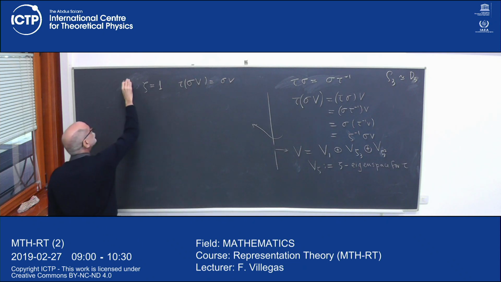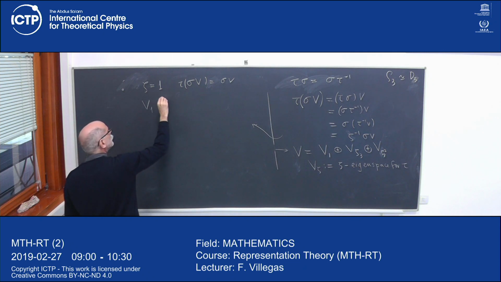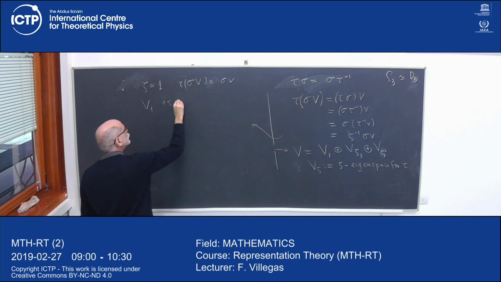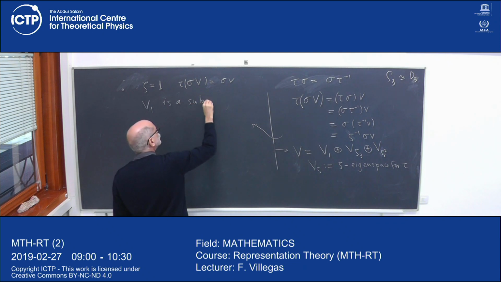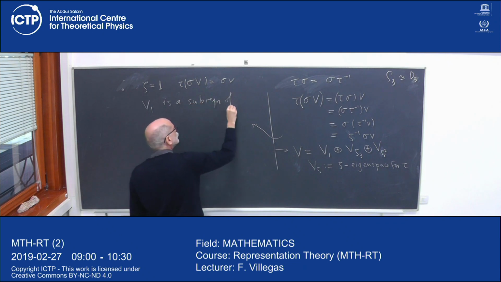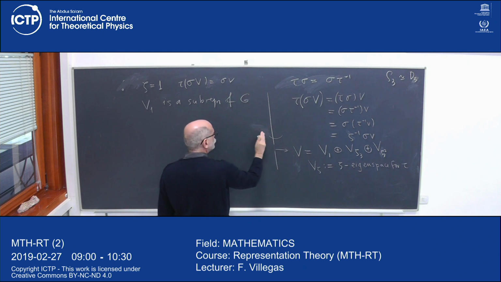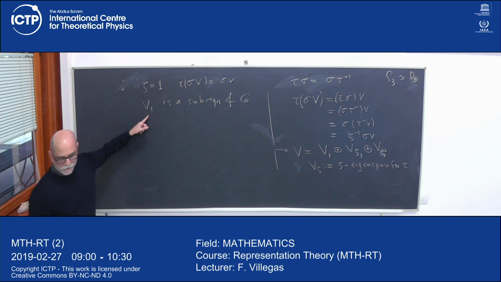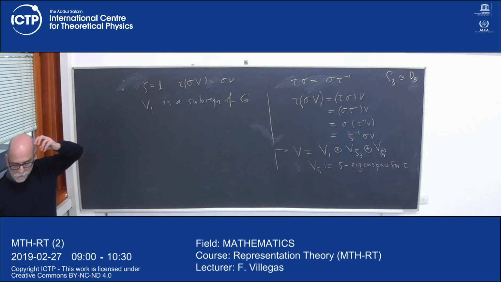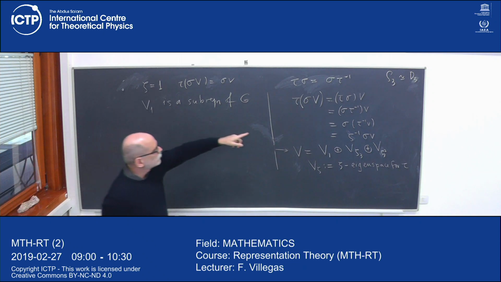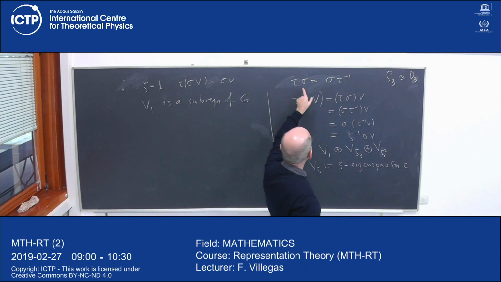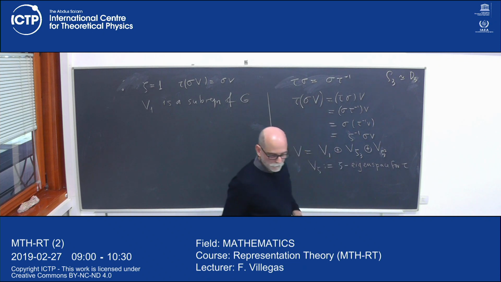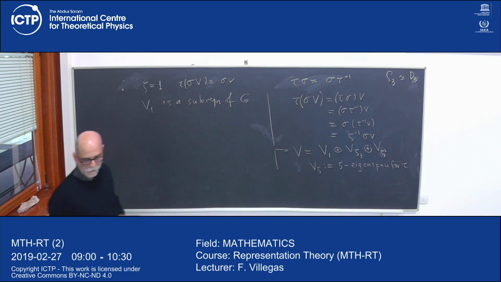So what I'm trying to say here is that V1 is a sub-representation, because being in V1 means that tau fixes the vector. And by this argument, if tau fixes the vector, then sigma V also is fixed by tau.